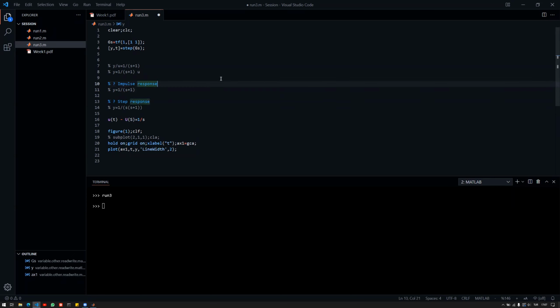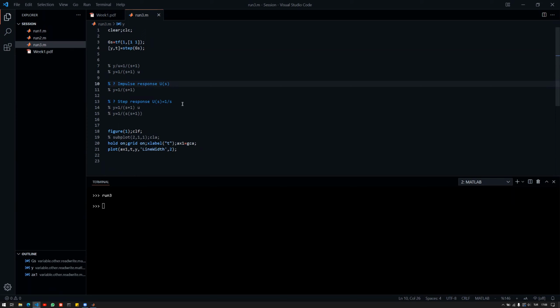So basically, let's call it U(s). For the step response, I'm using U equals 1 divided by s, and I got this. What if I want to calculate the impulse response?